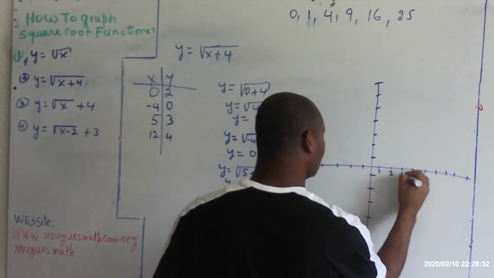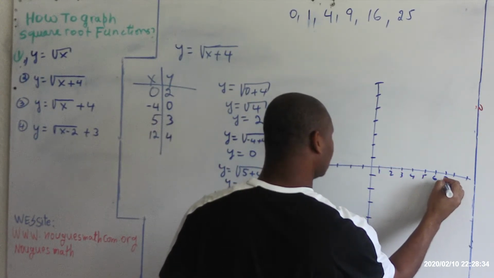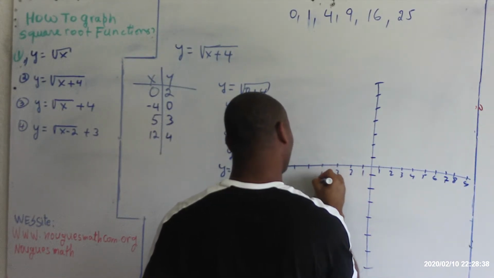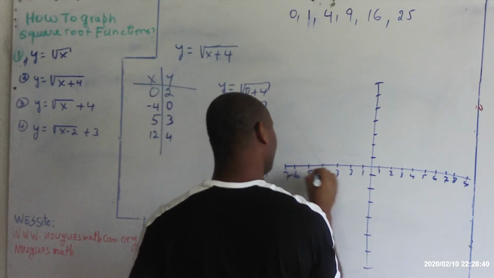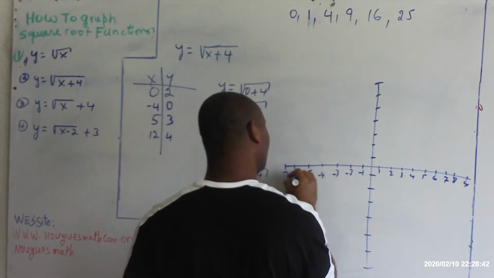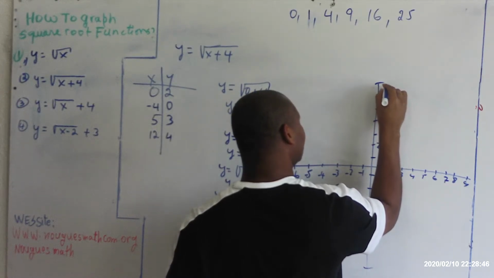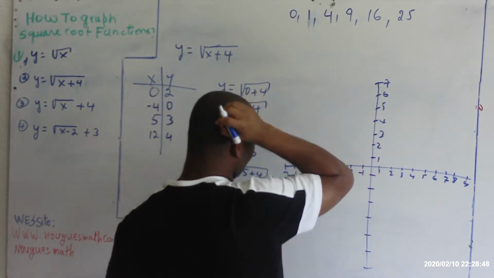Let me count the numbers on the axes, 1, 2, 3, 4, 5, 6, 7, and negative numbers.